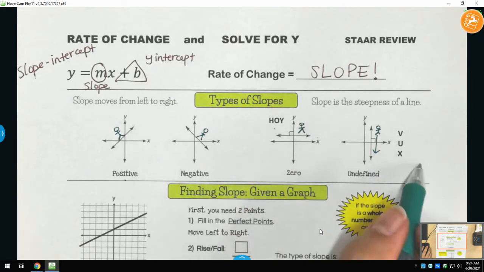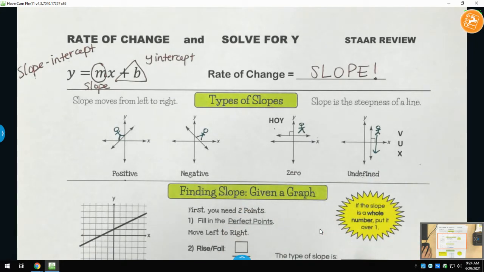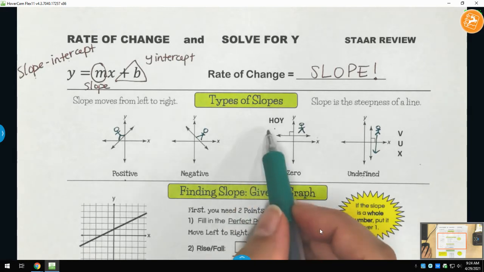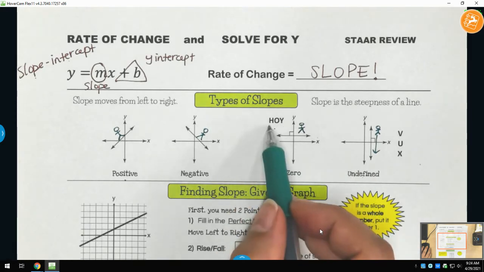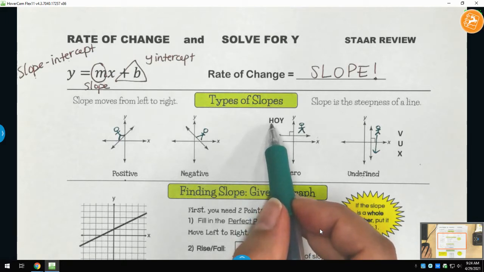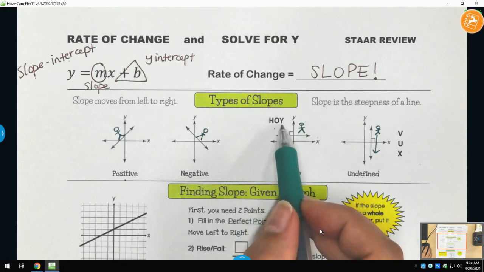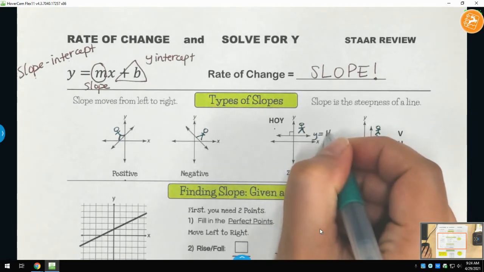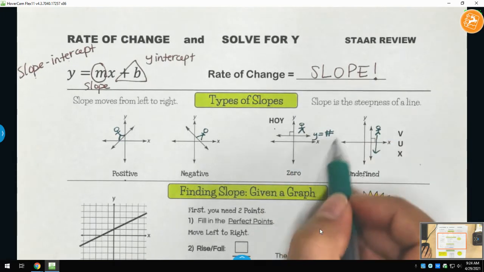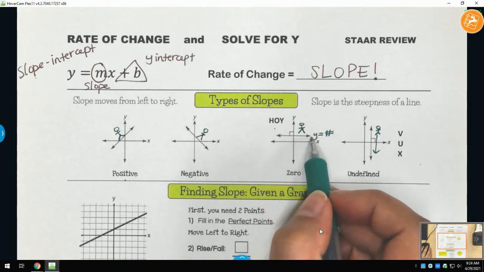So HOY and VUX are nice little ways to help us remember some of the important things about these two special case lines. So HOY, horizontal, zero slope, y equals equations of these lines. So y equals a number would be the type of equation if you needed to write the equation for this line.